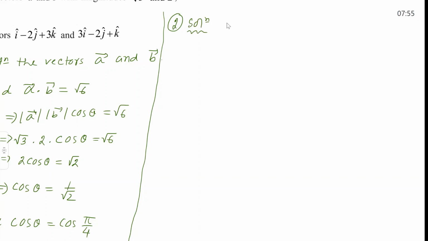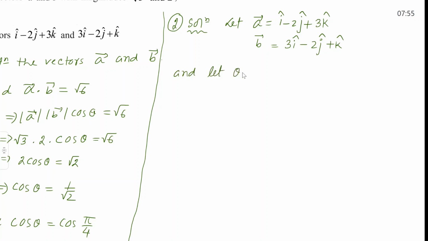First of all, let a bar be the first vector, i cap minus 2j cap plus 3k cap, and b bar is 3i cap minus 2j cap plus k cap. These are the two vectors, and let theta be the angle between the vectors.